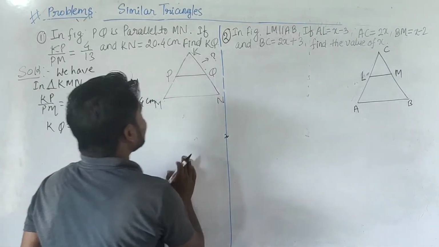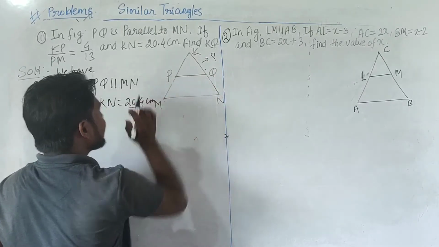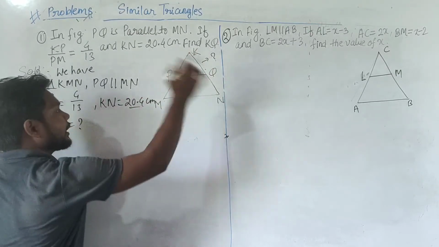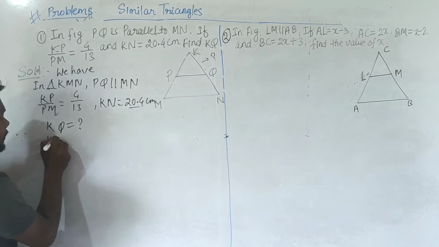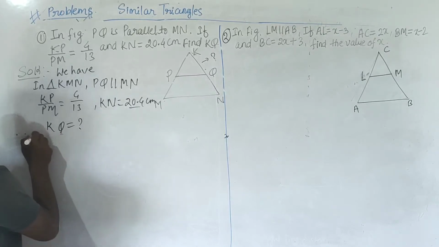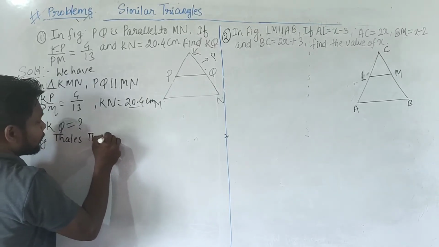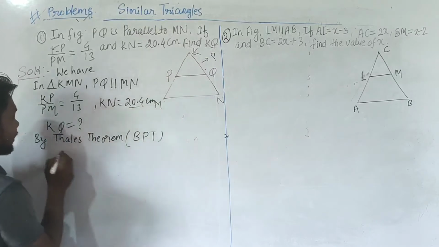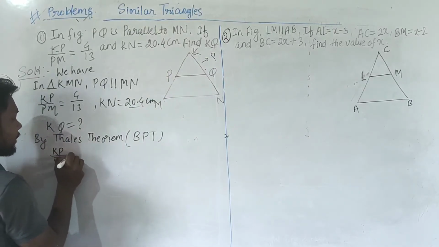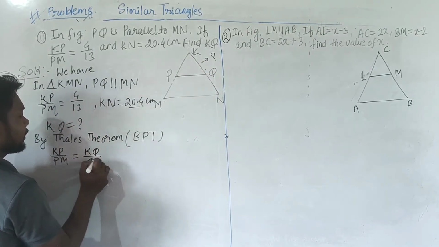According to Thales theorem, because in this triangle KMN, PQ is parallel to MN, we can write KP by PM is equal to KQ by QN, right?